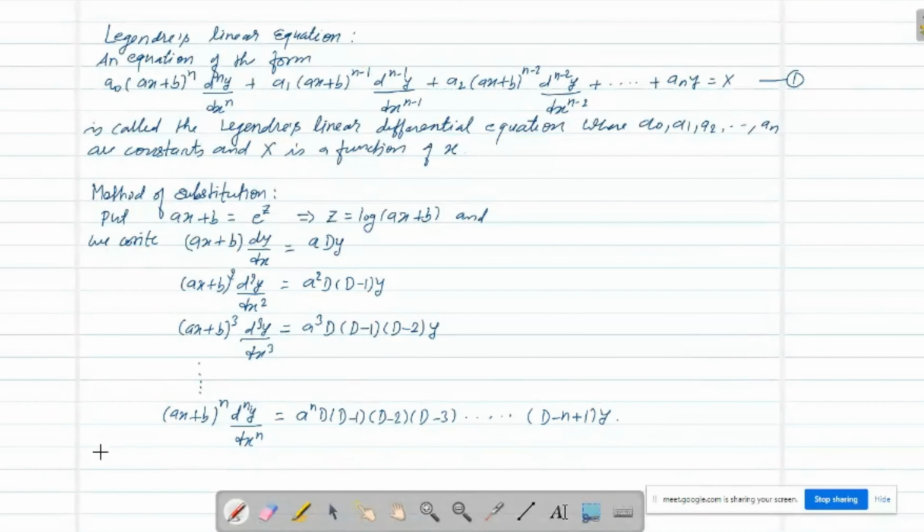Okay. Now if you substitute all these values in equation number 1, then equation number 1 reduces to a linear differential equation with constant coefficient.